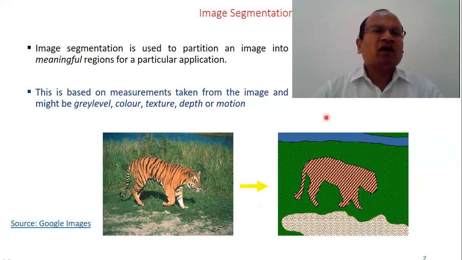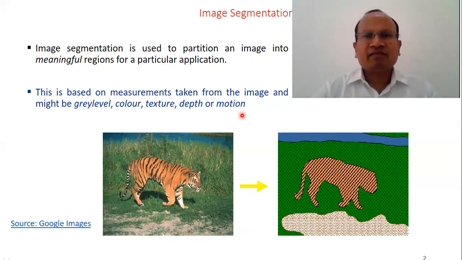So the segmentation is based on some attribute, some parameter. On what basis will you partition? On what basis will we segment? We cannot segment randomly, just dividing the area into 10 different areas. We cannot do that. So how do we do it? On the basis of some criterion or some parameter.